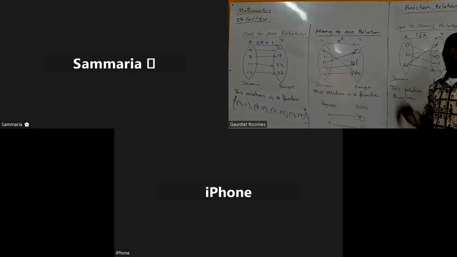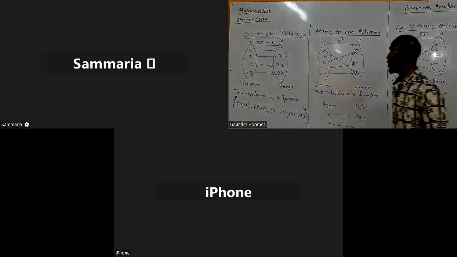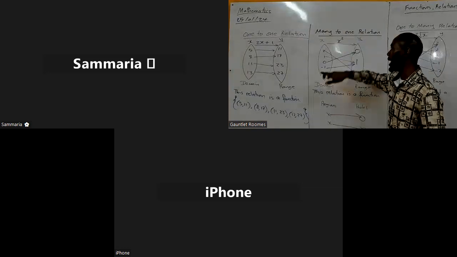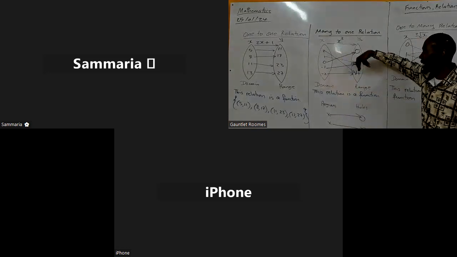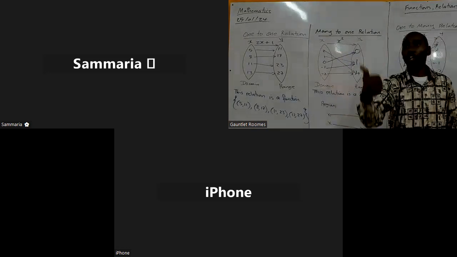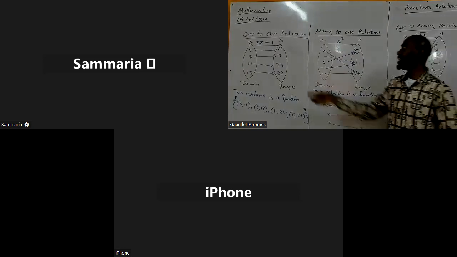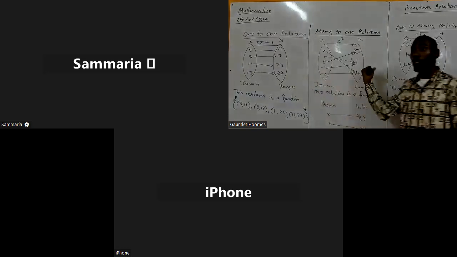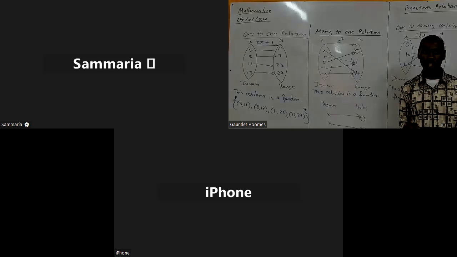We look at the many to one, as the name suggests, many to one. In this relation, you can have more than one element in the domain mapped to the same element in the range. And it does not change the fact that each element in the domain is mapped onto one and only one element in the range.